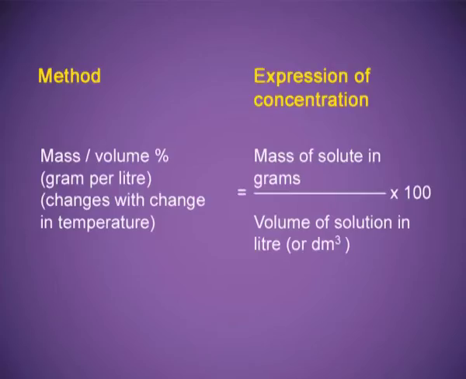The third way is the mass per volume percentage. It is the unit normally used in the pharmacy. Mass by volume percentage: mass of the solute in grams divided by total volume of the solution into 100.